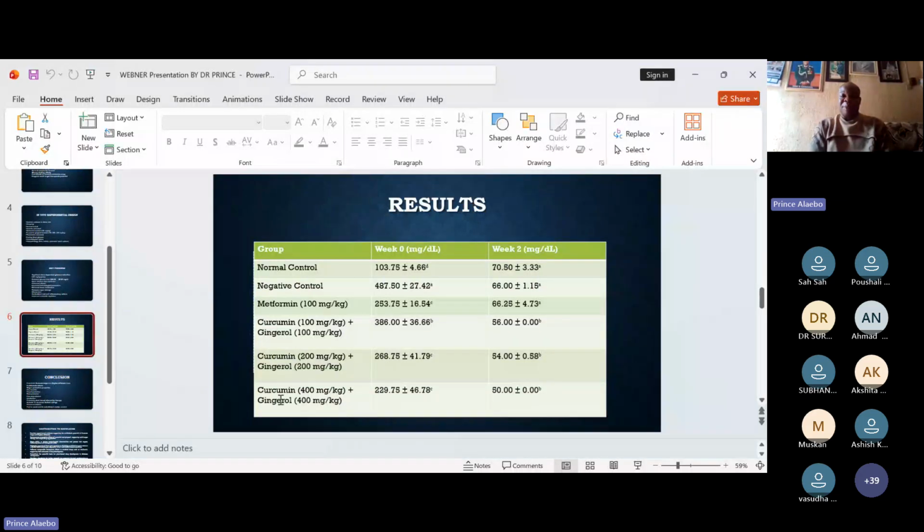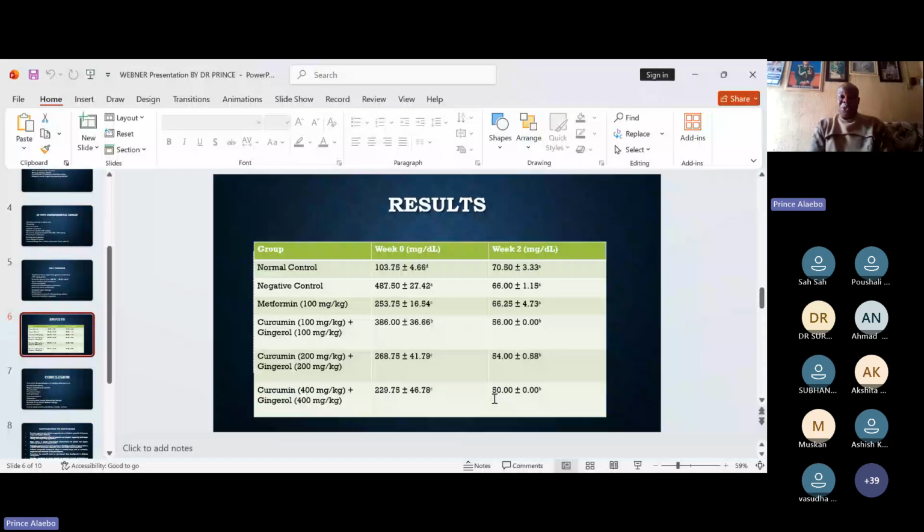See the reduction from 229.75 plus or minus 46.78 to 50.00 plus or minus 0.00. So looking at these results, you can see the efficacy of this combined or synergistic turmeric and ginger effect on reduction of blood sugar level.